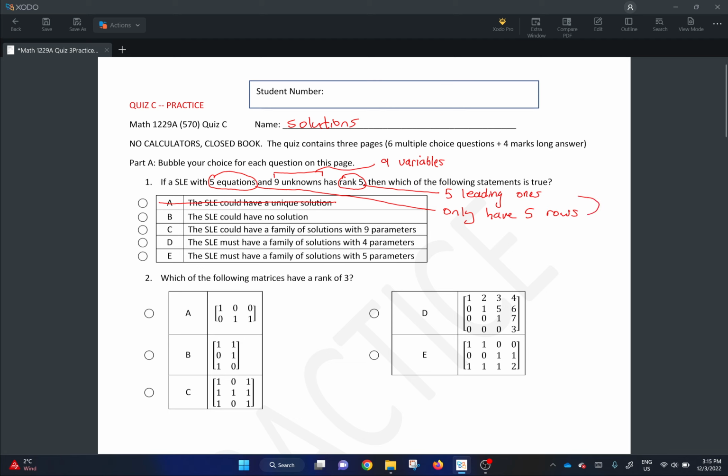So we look up and say, wait, we got 5 leading 1s, we have 5 rows. There cannot be a 0, 0, 0, 0, not 0 row. So we can eliminate no solution, which means it must have a family of solutions.